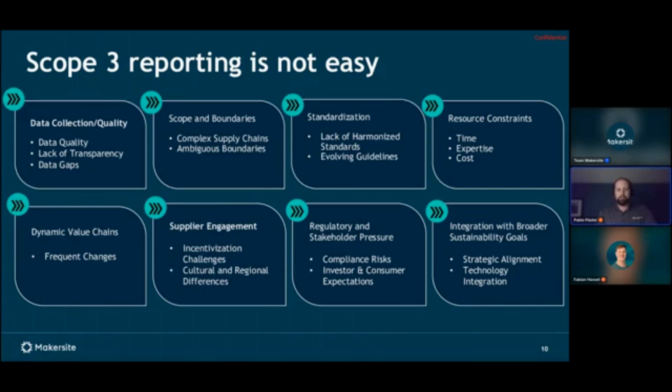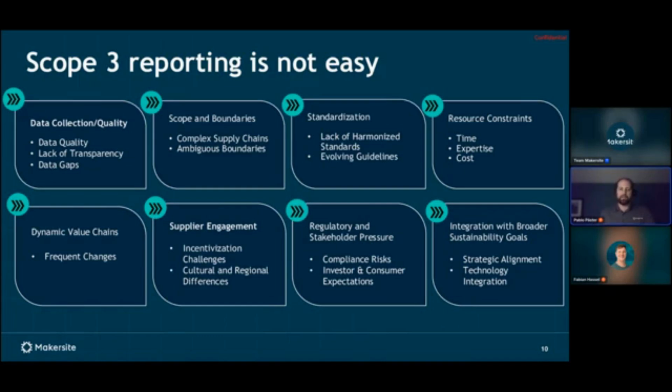Supplier engagement. There are challenges with incentivizing suppliers to provide data. There also might be cultural and regional differences. There might be mistrust. And this all makes it difficult to get accurate and timely data. There's regulatory and stakeholder pressure, compliance risks, investors, consumers all have an interest, and they all might have an interest in different types of data.